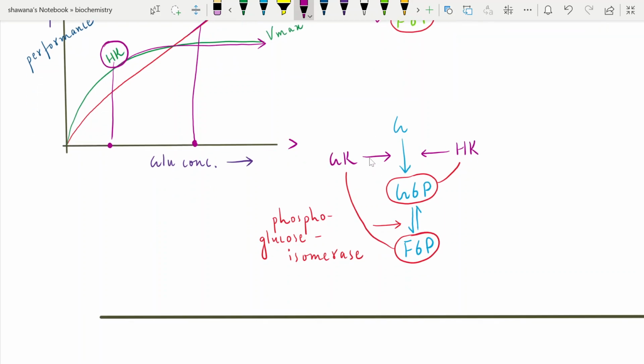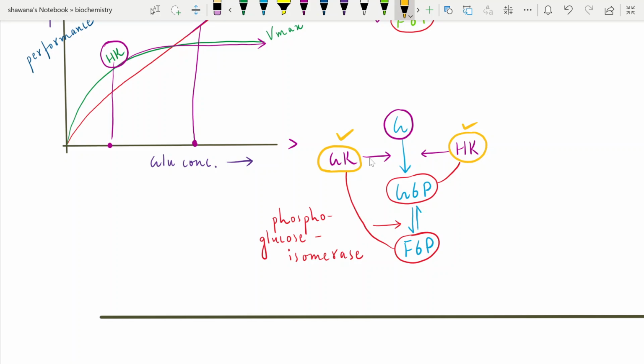Let's revise all of that. First of all, glucose enters the cell and it is trapped as glucose 6 phosphate. This occurs by two enzymes, glucokinase and hexokinase. Glucokinase is an enzyme present in the liver cells, and hexokinase is present in the other tissues of the body.